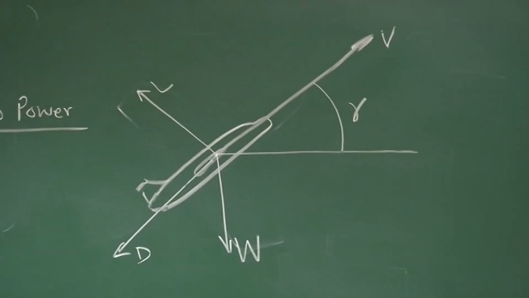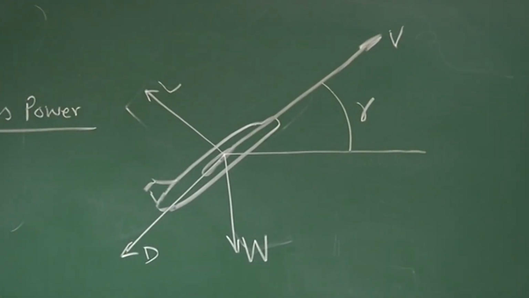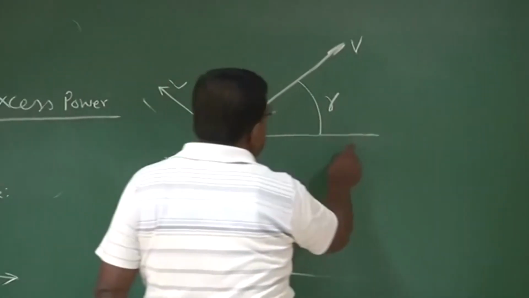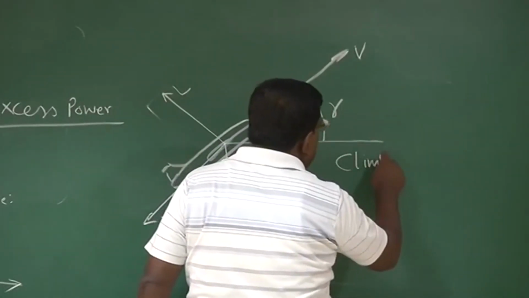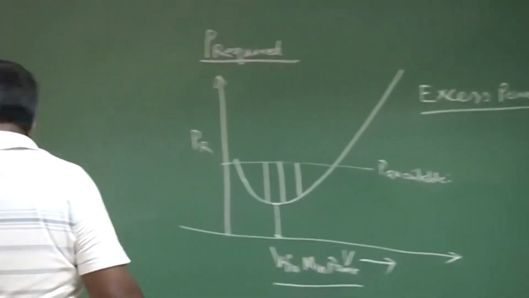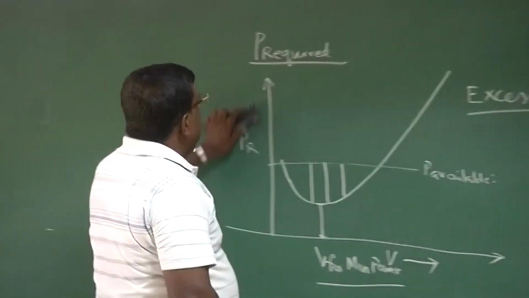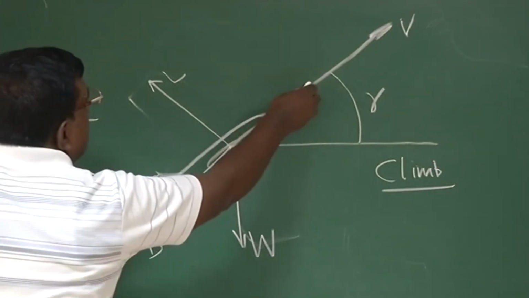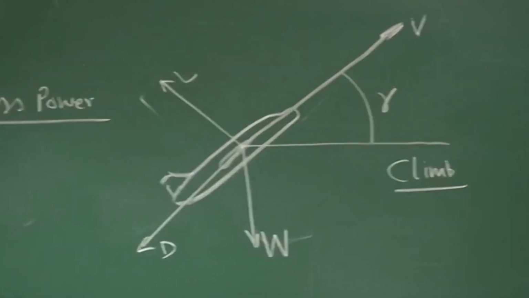This is a typical schematic representation of an airplane which is not cruising, it is now climbing. We say the flight phase is climb. Let us see here. If I now try to write the force balance along the velocity direction, what do I get?